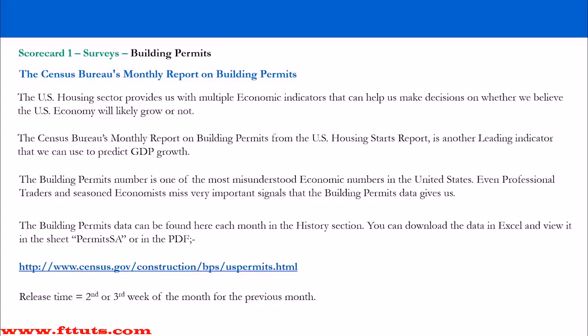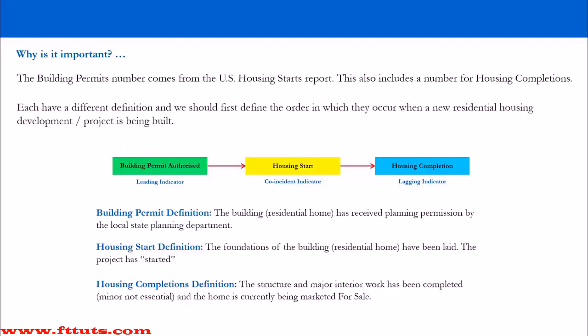Because it's so misunderstood, it's not widely looked at as much as the others. And this is how it's useful. There's basically three numbers within the monthly housing starts numbers, and each of them has a different definition in terms of the way economists would define the actual data.